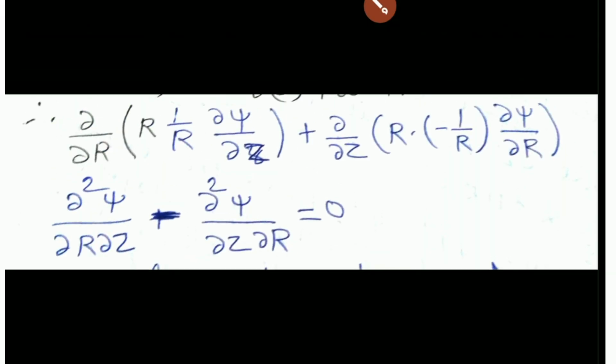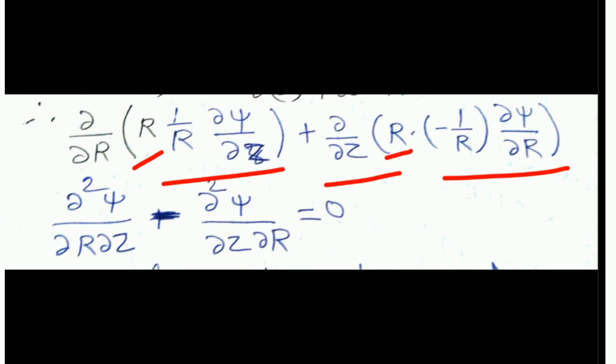So if we put the values of this qr and qz in this equation first, then we get dou by dou r as it is, and qr is 1 upon r dou psi by dou z plus dou by dou z as it is, and qz is minus 1 upon r dou psi by dou r. So what we get?